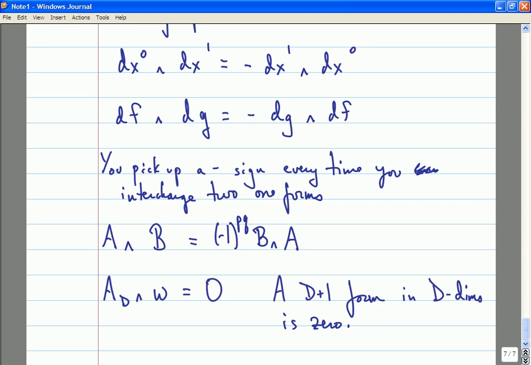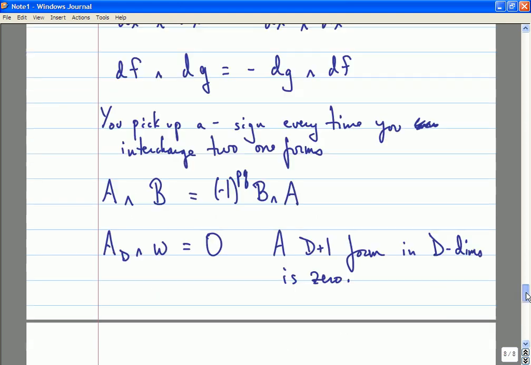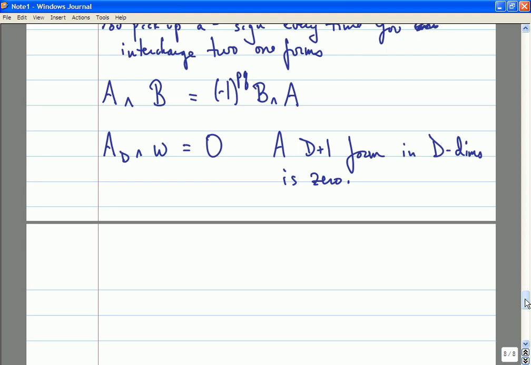So why do we introduce the theory of differential forms? Well, the reason is that differential forms are easy to differentiate and integrate.